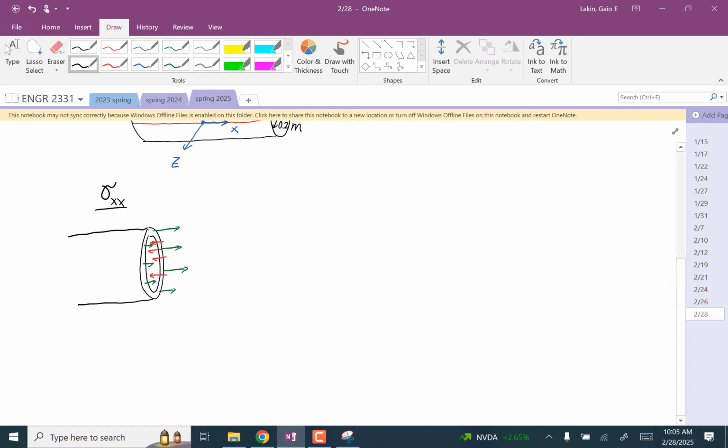The pulling force from the material depends on the area of that ring. So we have the XX normal stress times the area of that ring, which use the trick where you disconnect the ring, straighten it out. So it's going to be the circumference times the thickness. So this is 2 pi r thickness. Like if you were to rotate that face on.